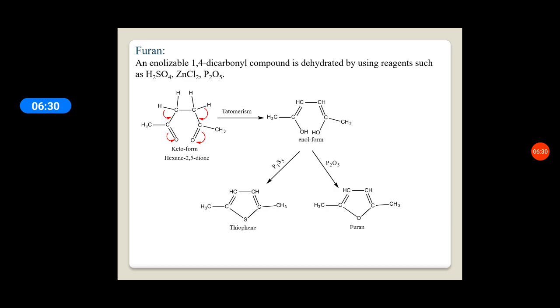So these are the syntheses of the five-membered compounds pyrrole, furan and thiophene by using 1,4-dicarbonyl compounds. The method is the Paal-Knorr method.